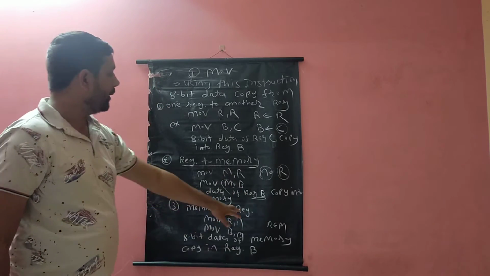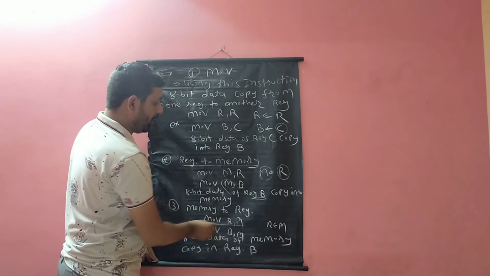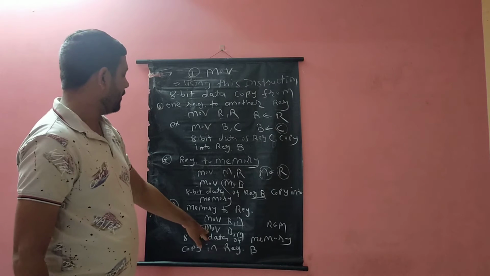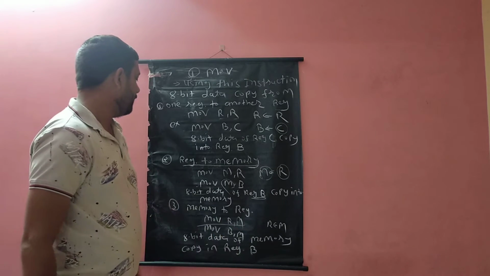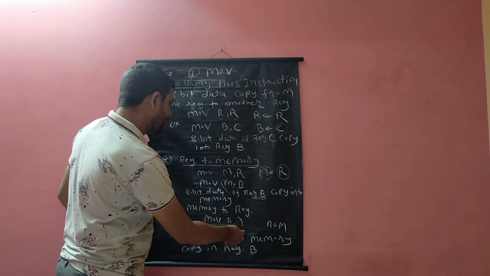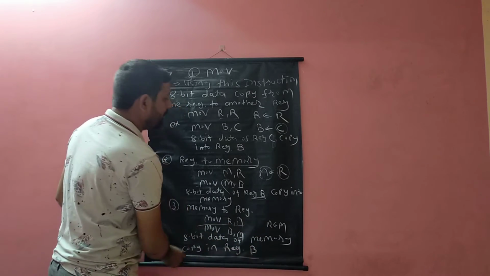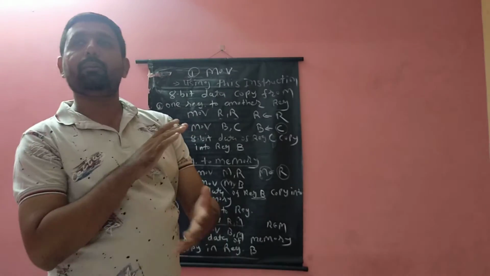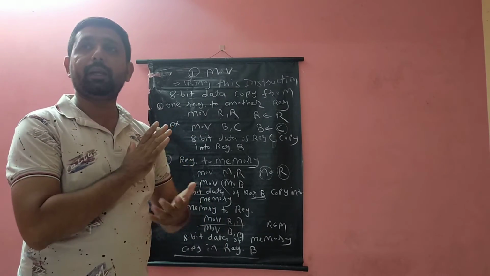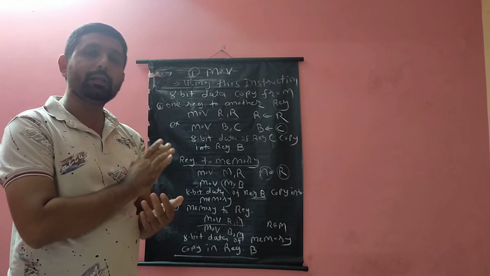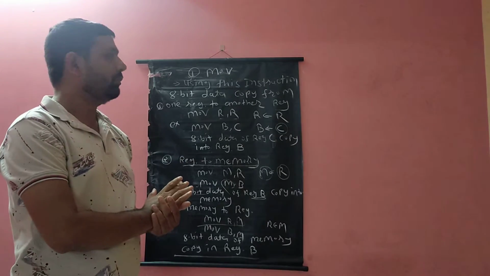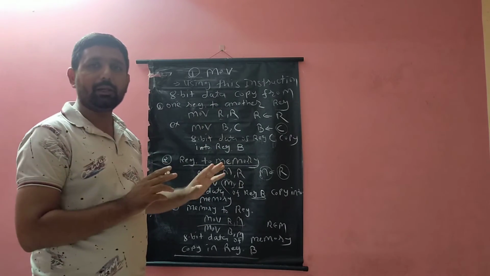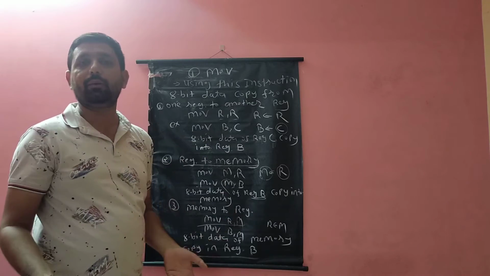The third technique is memory to register, that means MOV R, M. For example, MOV B, M means the 8-bit data of memory is copied into register B. So that is the MOV instruction. To keep in mind, the main point is that 8-bit data is copied between register and memory, in 3 ways: register to register, memory to register and register to memory.